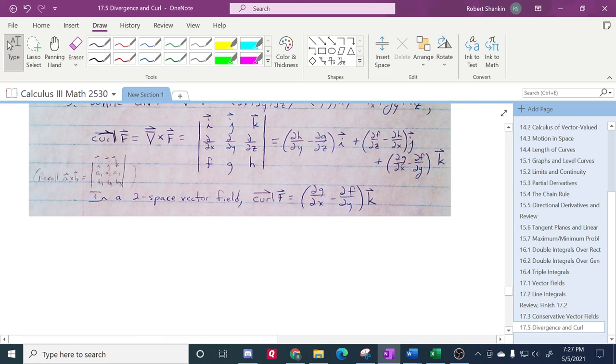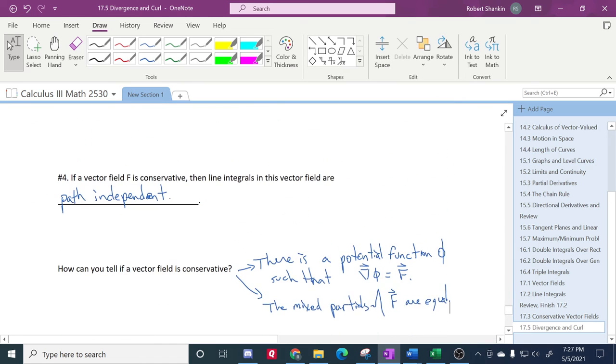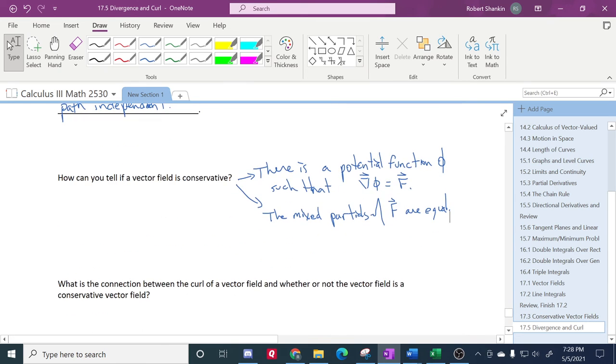These are the mixed partials right here, because the f was also, so the mixed partials of f are equal. Now we're going to get a third way to look at this, but we'll come back to this.